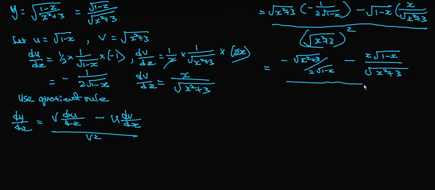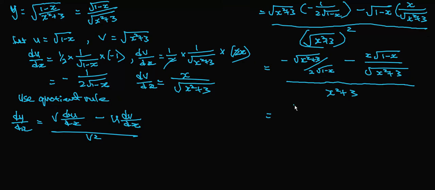This is over v squared, which is the square root squared, becoming x squared plus 3. Okay, now I want to combine these two terms together. Now they have a different denominator. So how would you do it? If let's say this is a, this is b, how do you form the common denominator? It is a times b.